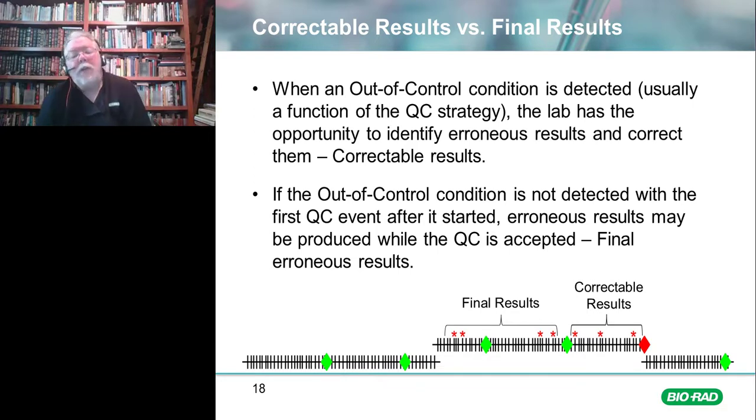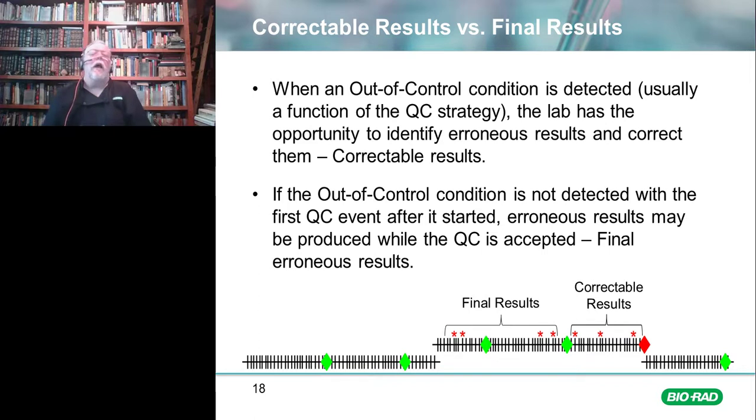So when we have a QC rejection, we can stop and then take a look at the results between the rejected QC and all the patients that were tested back to the last accepted QC, and see if any of those were erroneous and then correct them.